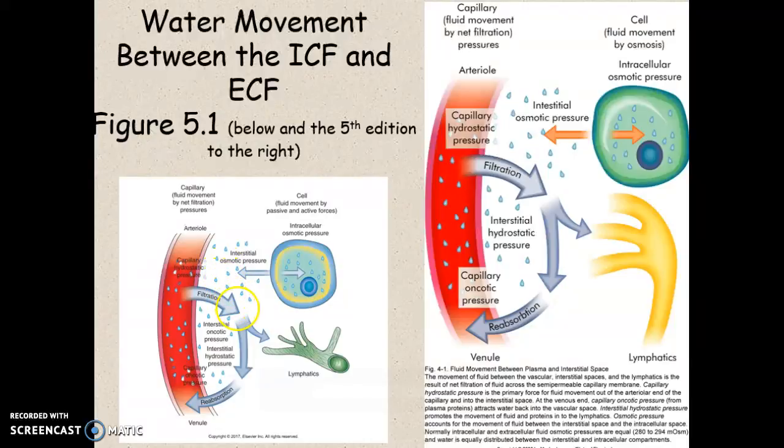Normally the ICF and the ECF osmotic pressures are equal, so you don't have a net movement back and forth. There's always movement, but because the osmotic pressures are equal, everything is equilibrated, and you don't have movement into one area but not the other.